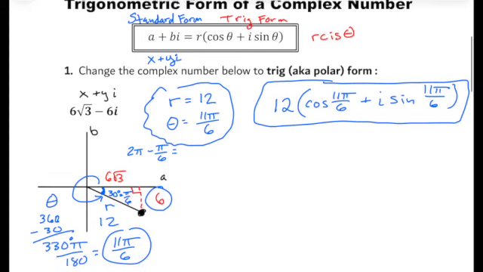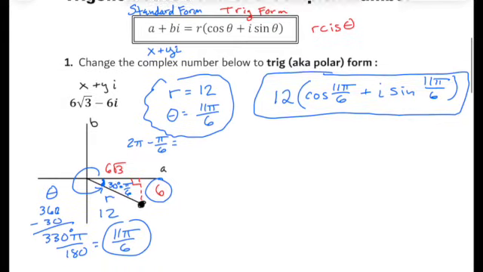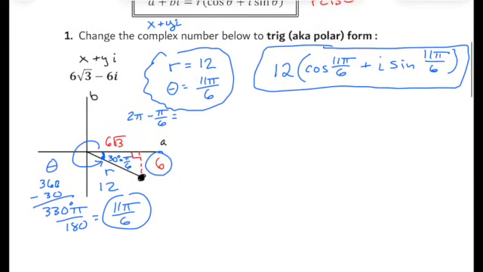And so I told you I was going to talk about two ways to do each one of these problems. That was using pretty much just a straightforward geometry approach, recognizing special right triangles to get the hypotenuse and the reference angle.